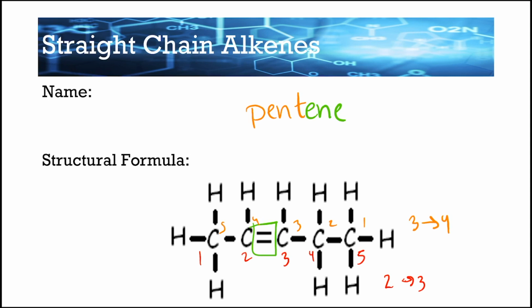So again, we want to write the smallest number, so that's going to be this section. And then you have to give that number as to where that double bond starts. So it would be 2-pentene. So pent because of the 5 carbons, ene because there is a double bond somewhere, and then 2 tells you where that double bond starts.